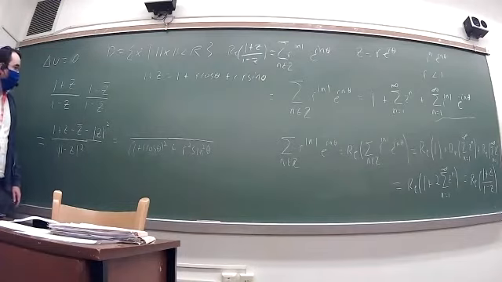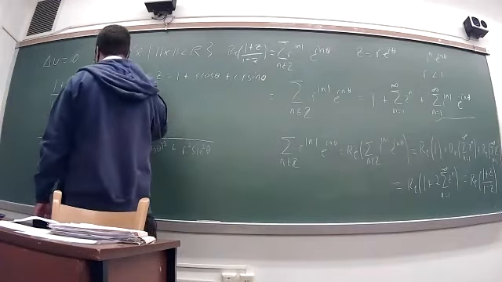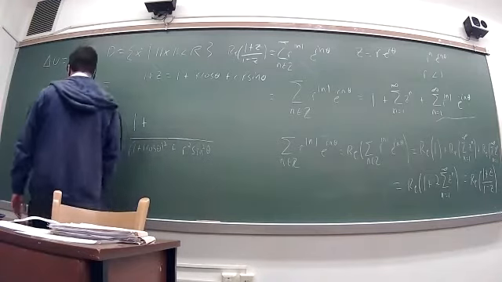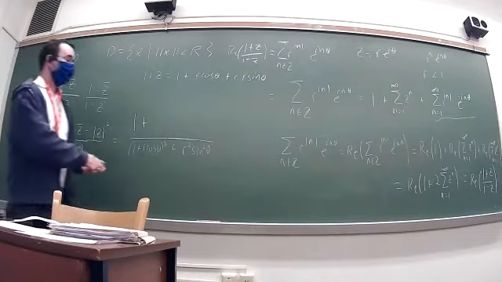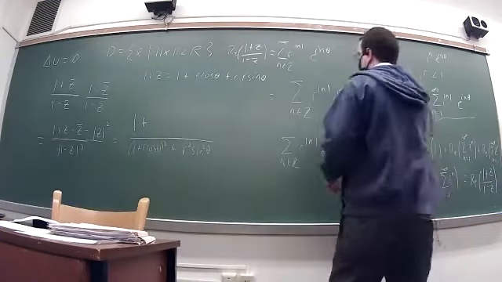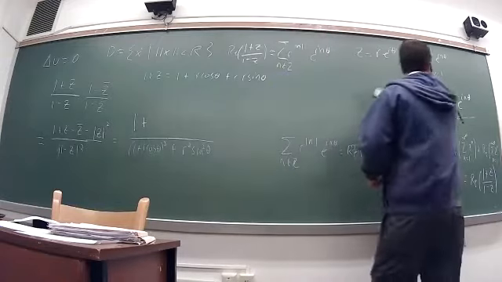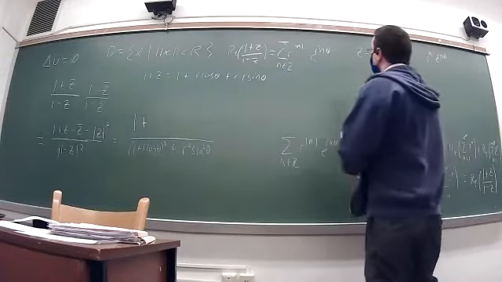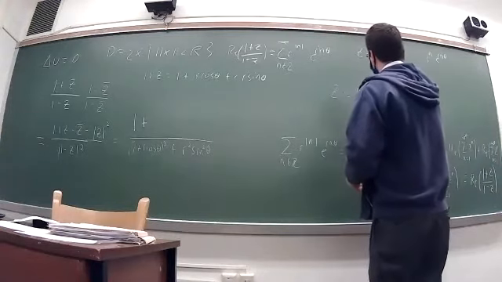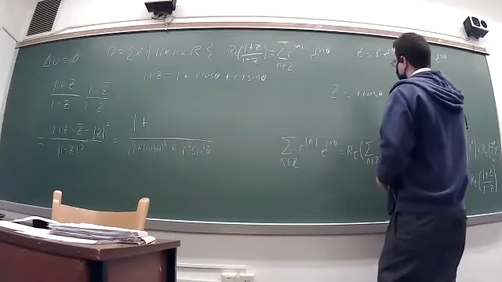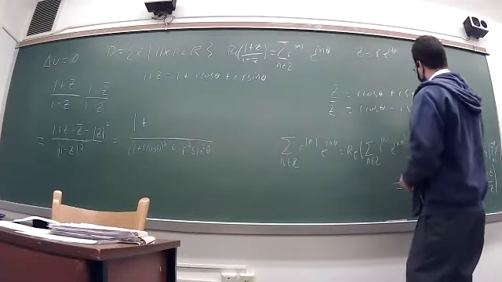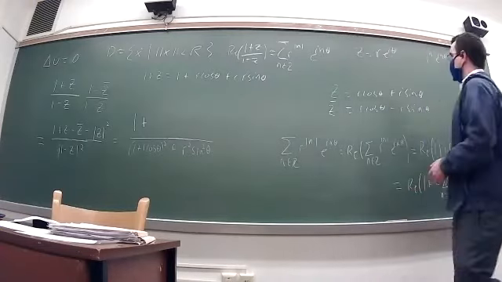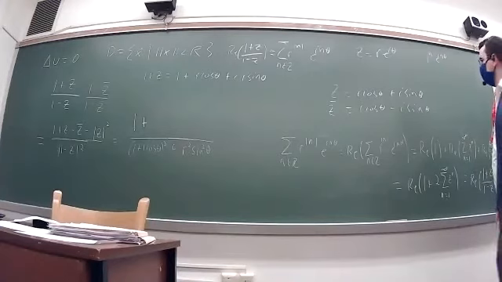And so, yeah, on top we get 1 plus. So what's z minus z bar? You're going to get a cancellation, right? If z is r cosine theta plus i sine theta, and z bar is r cosine theta minus i sine theta, then z minus z bar is therefore 2i sine theta.